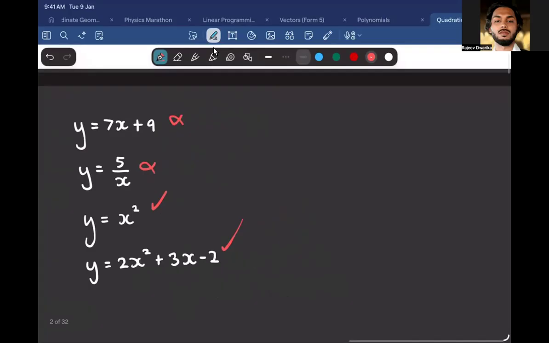Generally speaking, a quadratic will take the form of ax squared plus bx plus c. So that's the form a quadratic expression or function will take. That being said, Shina, could you tell me what a, b, and c would be for that quadratic?